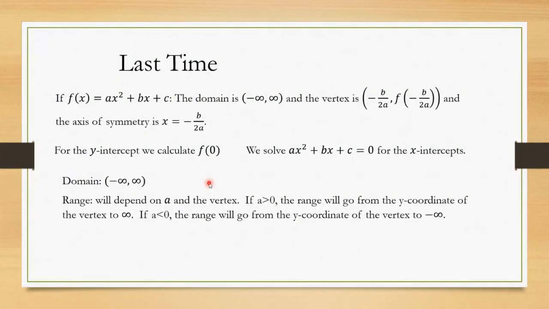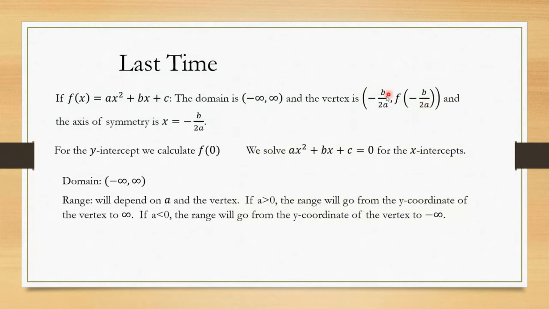We saw last time that if you have a quadratic function, like so, remember the domain is always all real numbers. That's what this notation means. The domain is everything, okay? The vertex is this.